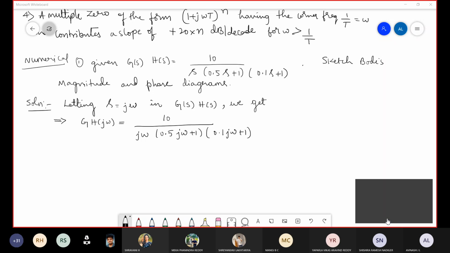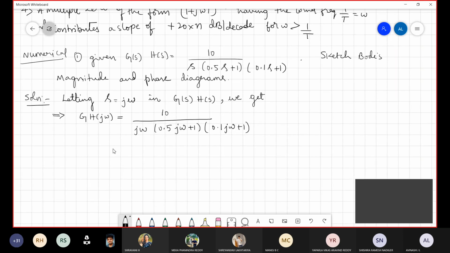No doubts. So I will take on this one, up to this one. Just replace the s by jω. That replacement is over, right? Yes, sir. Okay.